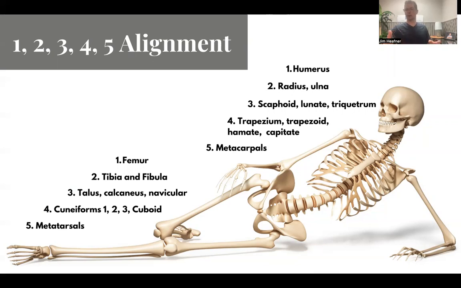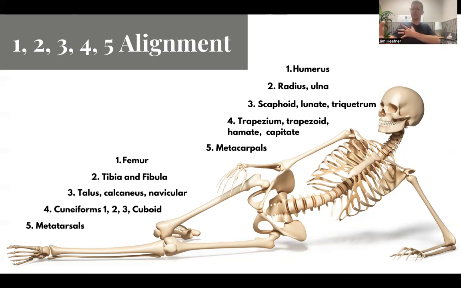Then in the hands, we have all of the major hand bones down into the metacarpals for the upper body. And in the lower body, we have the same with the tarsal bones down into the metatarsals. With the humerus, we need to complete a wide range of movements through a large range of motion. But with that motion, there needs to be a lot of control and a lot of input right back to the body.